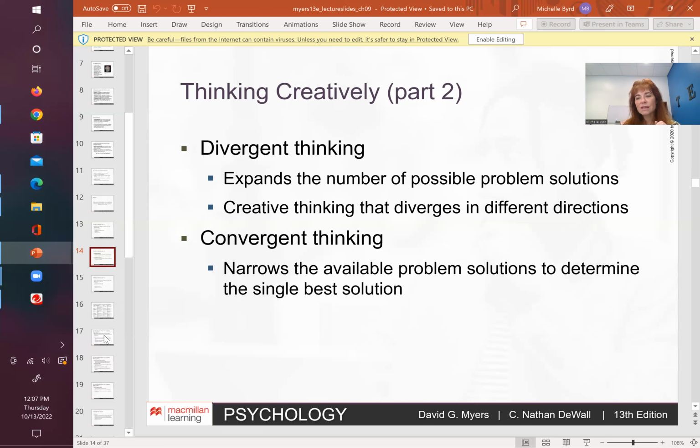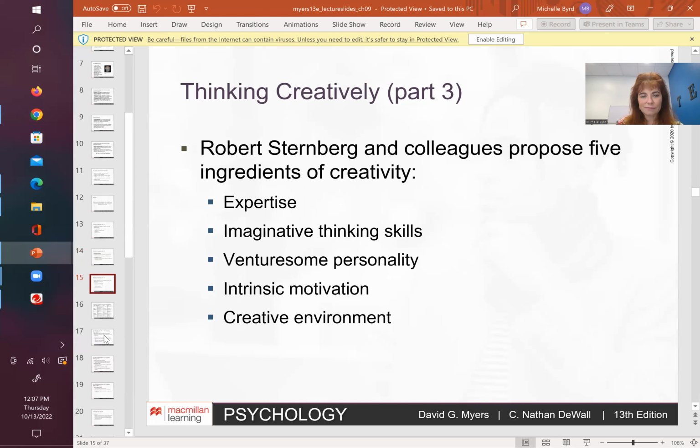Divergent thinking is more like brainstorming. Sometimes you'll have group think, or they'll brainstorm to come up with an idea. And then after they do this divergent thinking, they come into convergent thinking, narrowing it to find the best solution for that particular problem. So it's very important to be able to do both of those. Okay.